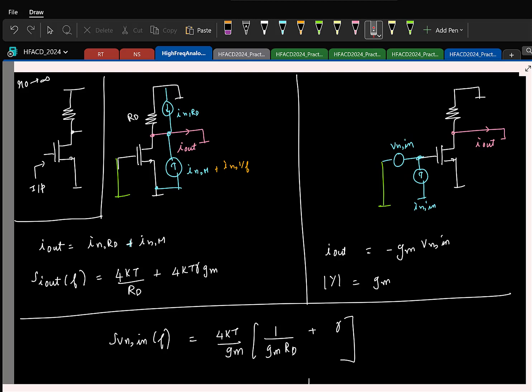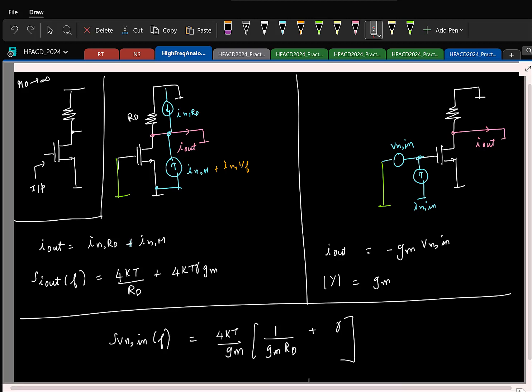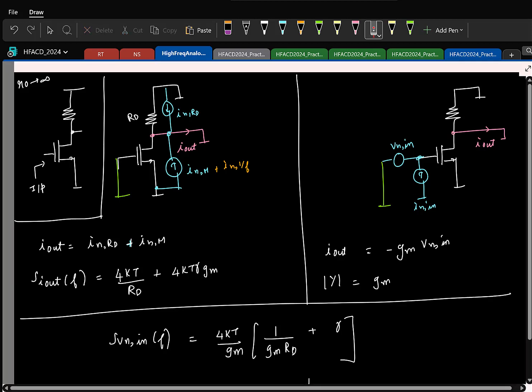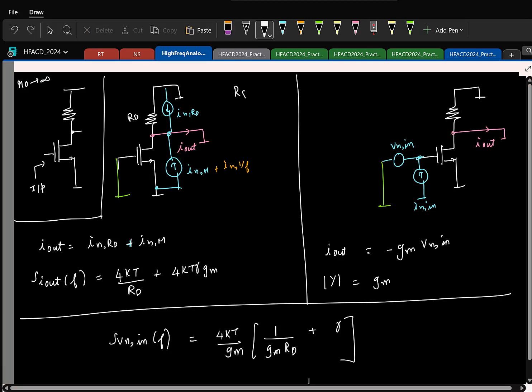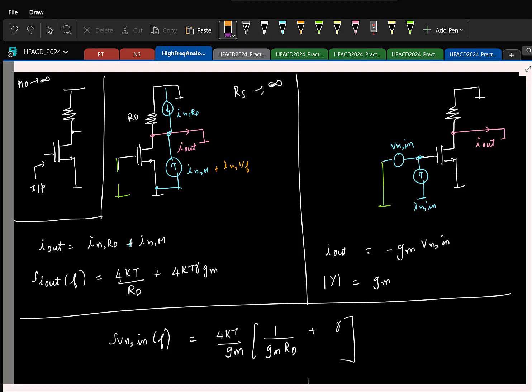Right. So let's go ahead and find the current also. For finding the current, what should I do to the source resistance? Infinite. So which means the input side is open. So I'll open this. If I open this, I'll get some noise.